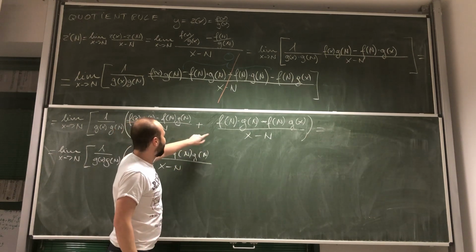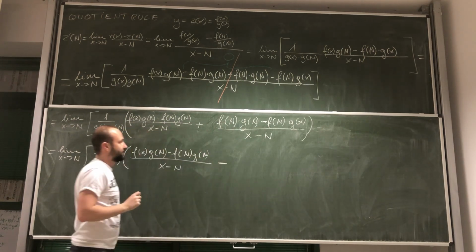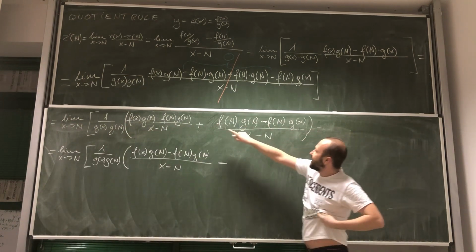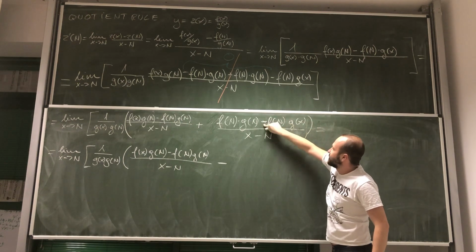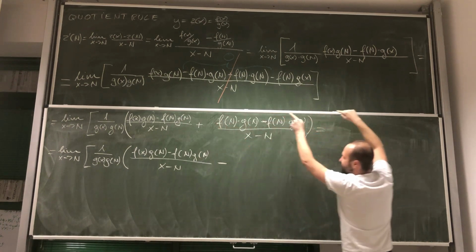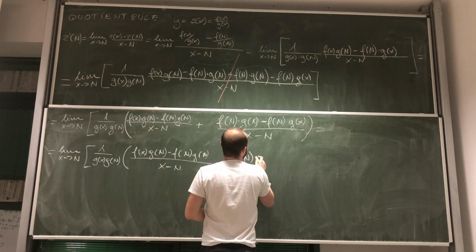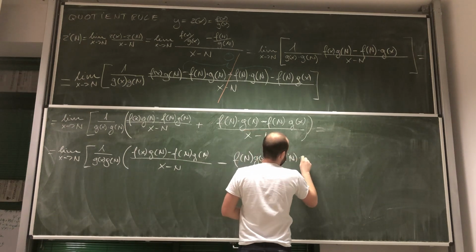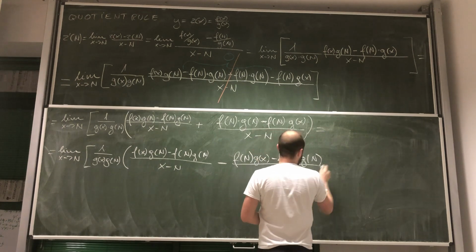And now if I take minus out of this expression, this plus is going to turn into a minus, and this minus is going to turn into a plus. So I can put this expression up front and this expression second with the minus. So I'm going to have f of n times g of x minus f of n times g of n divided by x minus n.